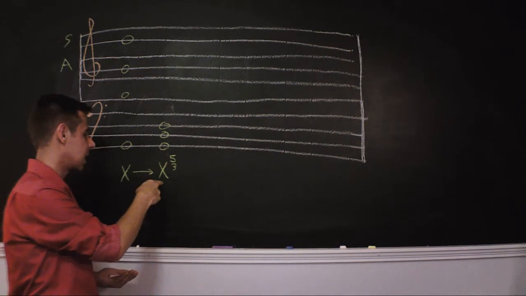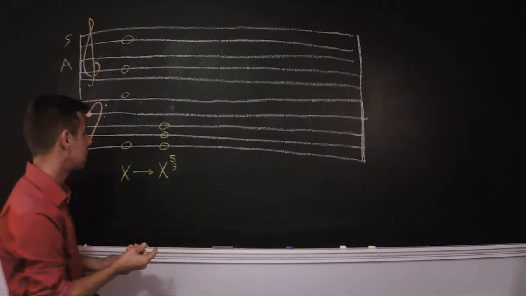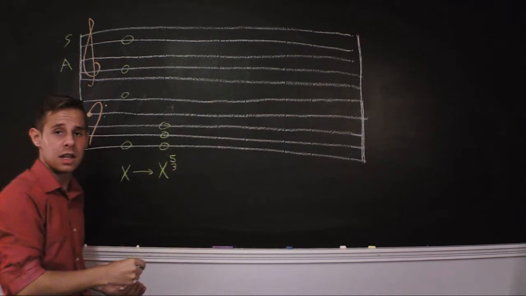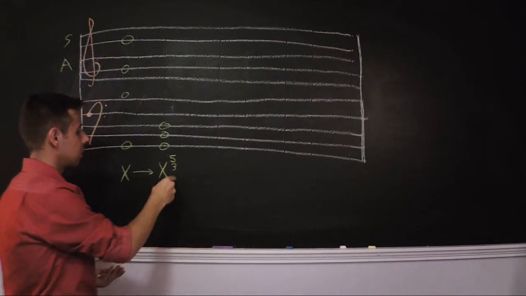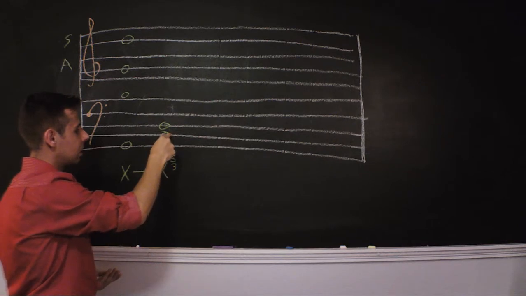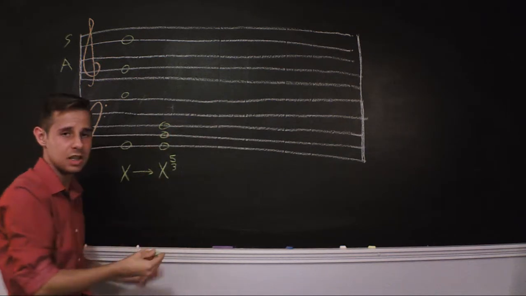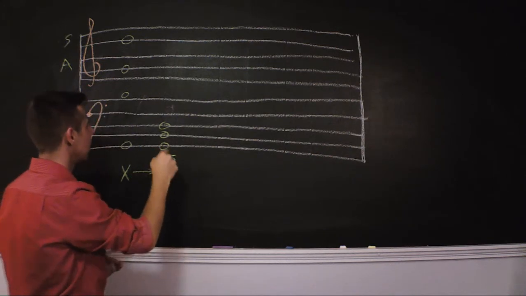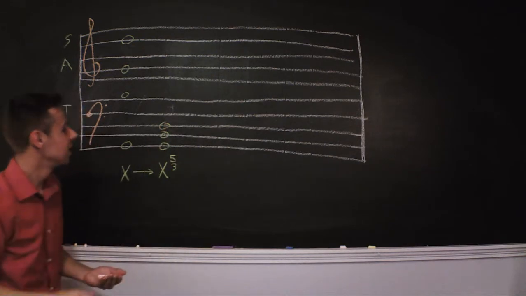So in this case we're using X as a general representation, but it could be a Roman numeral or it could be G. But these numbers represent the interval above the bass of the other notes in the chord. So the second note in the chord is an interval of 3 above, 1, 2, 3. The third note in the chord is an interval of 5 above the bass, 1, 2, 3, 4, 5.